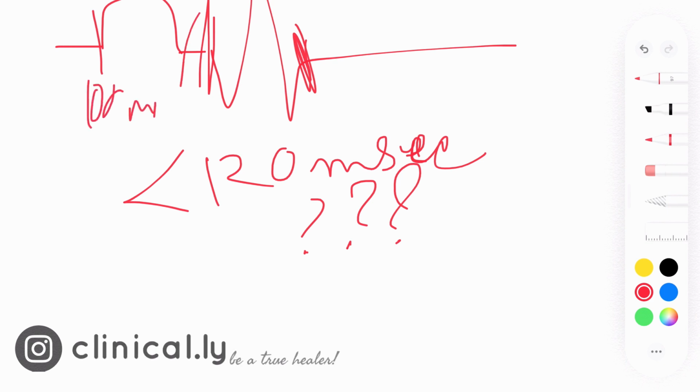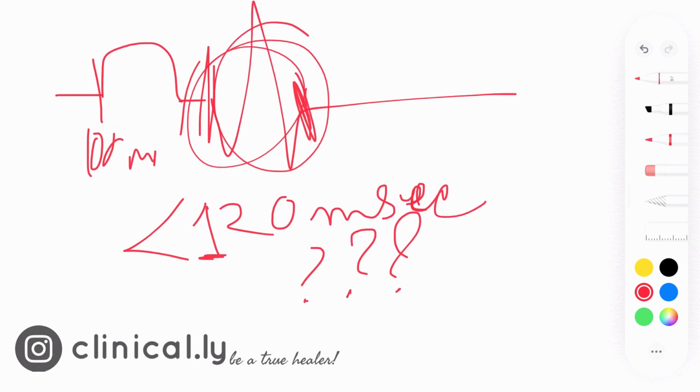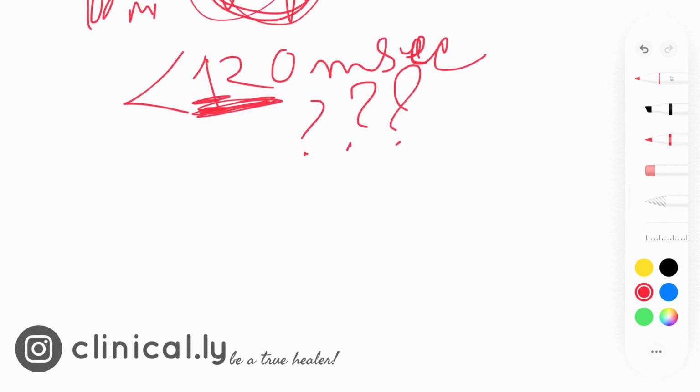If the P wave is 100 milliseconds wide, how can the QRS complex be only 120 milliseconds? So let's learn how it takes only 120 milliseconds for the activation of the chunky ventricular chambers.